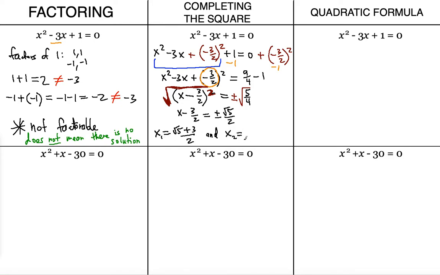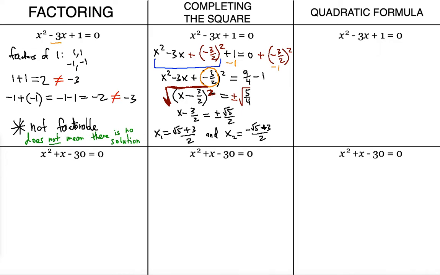The second one is going to be radical 5, right? Because there's a minus. That's the second possibility for the second solution. Minus radical 5 plus 3 divided by 2. Okay?